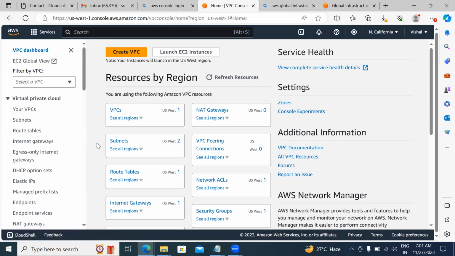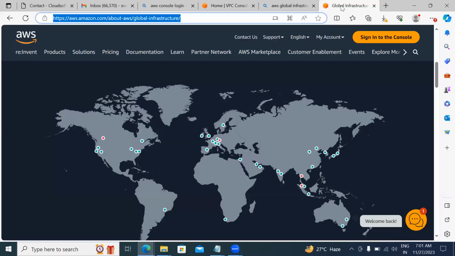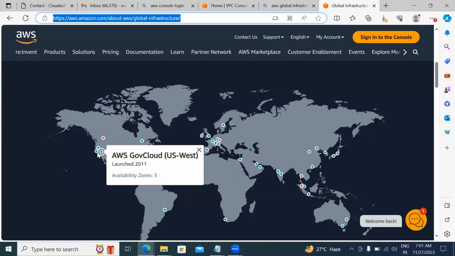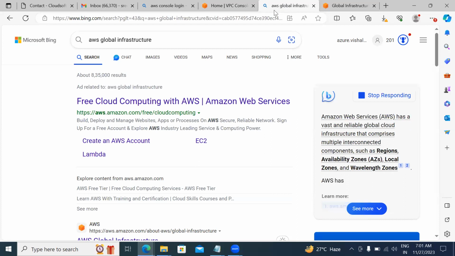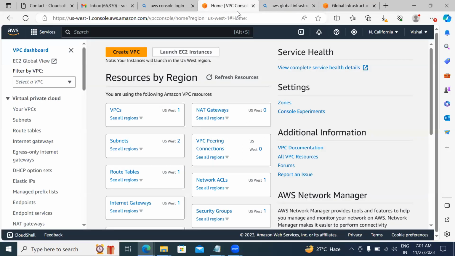So here they're showing 2 itself, but I think North California having three zones. Here by default they're getting 2 itself, but in their global previously I used to get 3. It's showing 2 only, but technically they used to have 3. We'll check that one. As of now, subnets also they created 2 only.